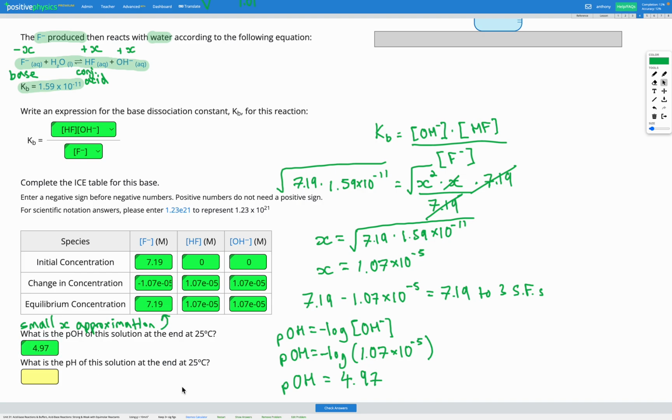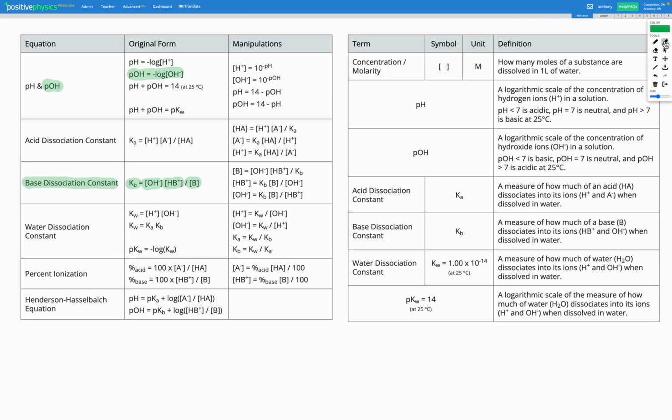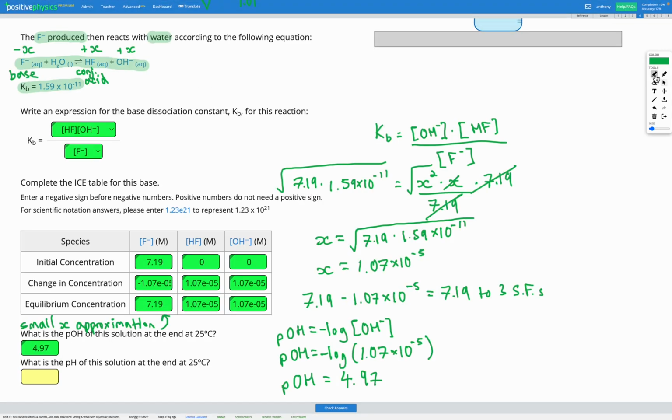Awesome. So last step is to find the pH of the solution. If we know the pOH, we can find the pH using our equation. It converts between pH and pOH when we're at 25 degrees C, which we are in this question. We were told at the beginning. So we have pH plus pOH is equal to 14.